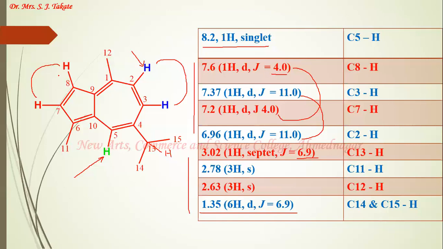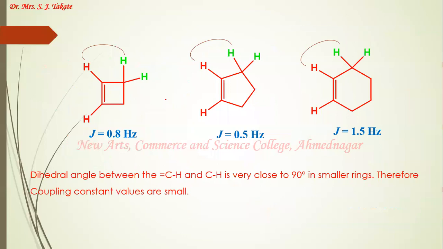Smaller value was assigned to the protons present on the 5-membered ring, while the larger coupling constant value was used to assign the protons on the 7-membered ring. Another case, in these cyclic olefins, is the vicinal coupling between the olefinic proton and the sp3 hybrid proton present on the adjacent carbon atom.